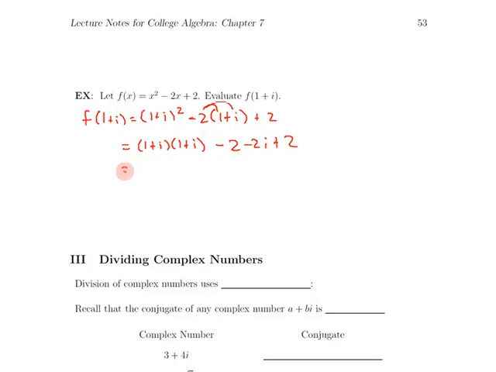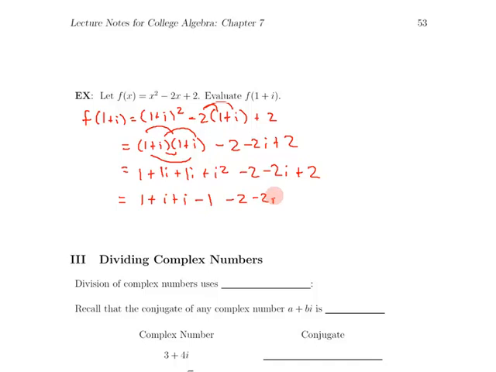Let's multiply out this complex multiplication. 1 times 1 is 1, plus the outside is 1i, the inside is 1i, the last is plus i squared, minus 2 minus 2i plus 2. So that becomes, I'm going to write it out one more time. 1 plus i squared is minus 1. So minus 1, minus 2i plus 2.